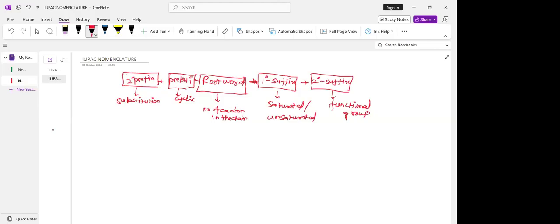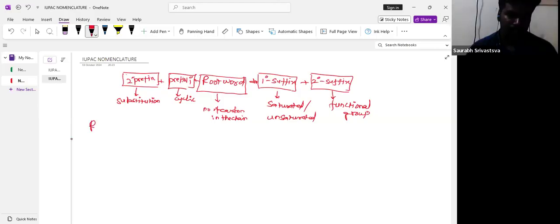Okay. Now the first one is the root word. In the root word, first we go for the first 10 carbons, because they will ask only up to 10 carbons. Beyond 10 carbons, they won't ask.